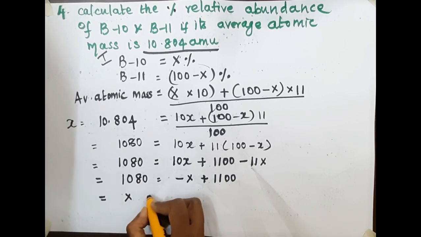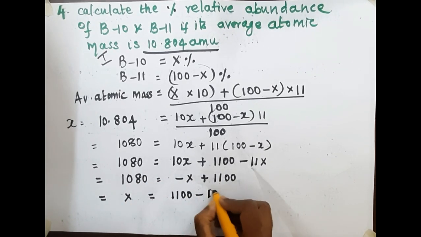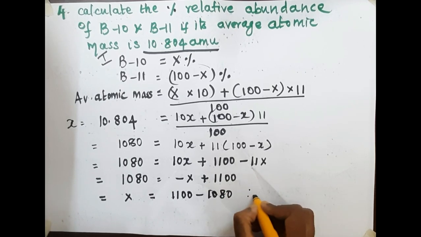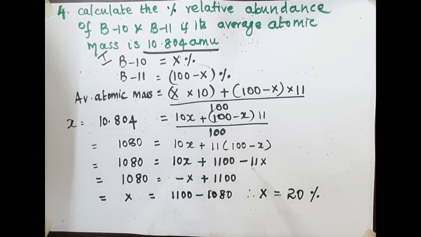X is equal to 1100 minus 1080. Therefore, x is equal to 20 percentage.